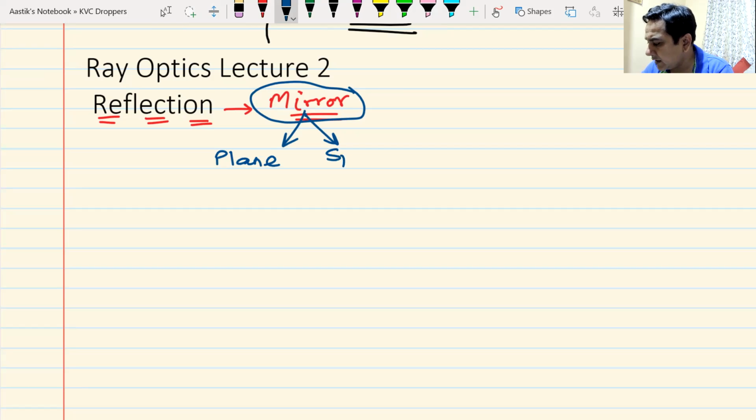Plane mirrors and spherical mirrors. Have you heard the term plane mirror and spherical mirror? You have not heard the term spherical mirrors, plane mirrors?